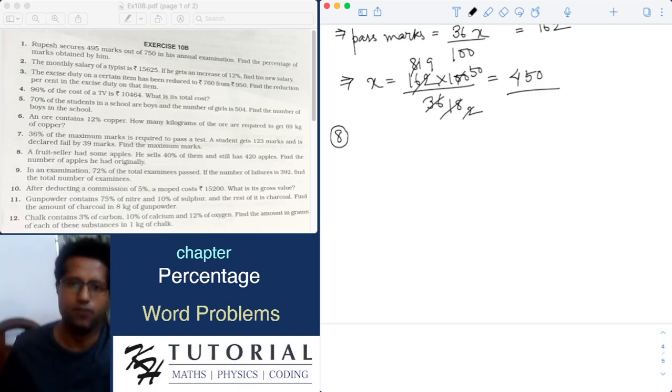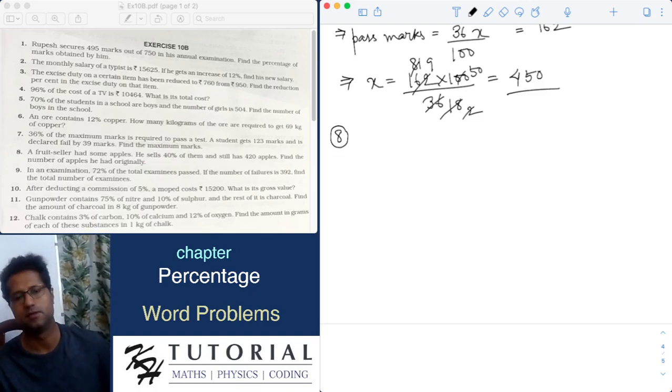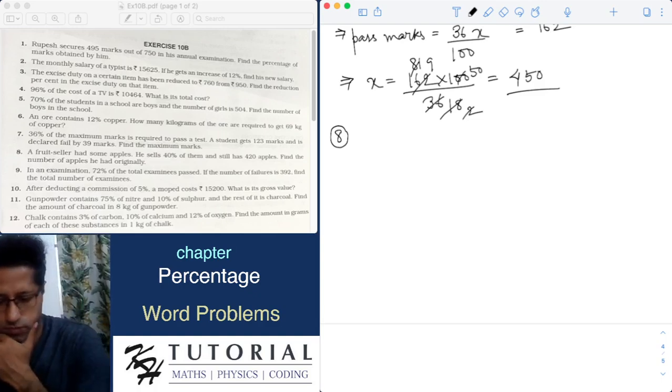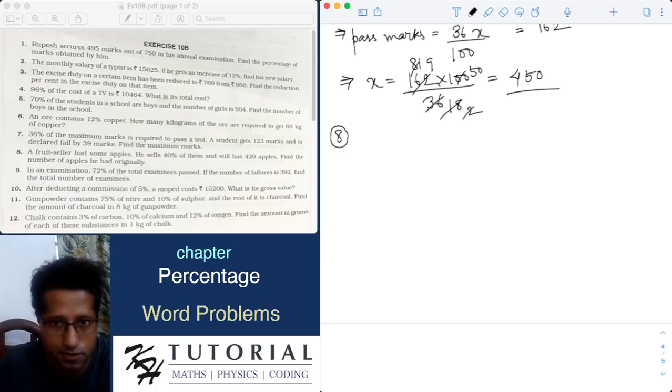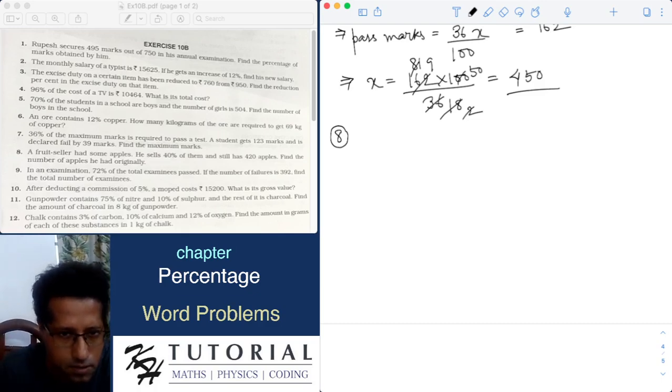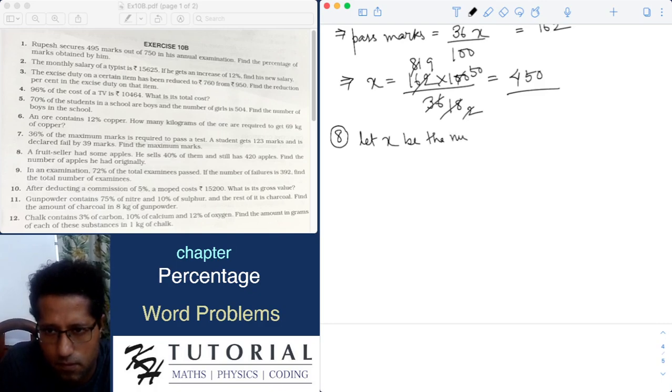So if you have a clear concept of percentages, then the best way to solve this kind of problem is to assume what it is asking for. So it is asking to find the number of apples he had originally. So let x be the number of apples.